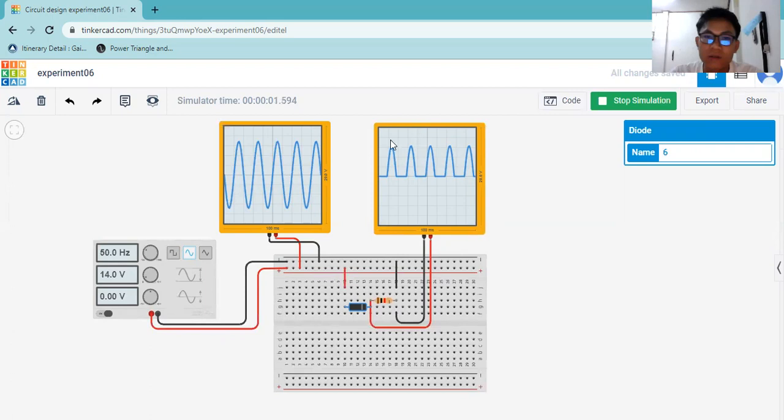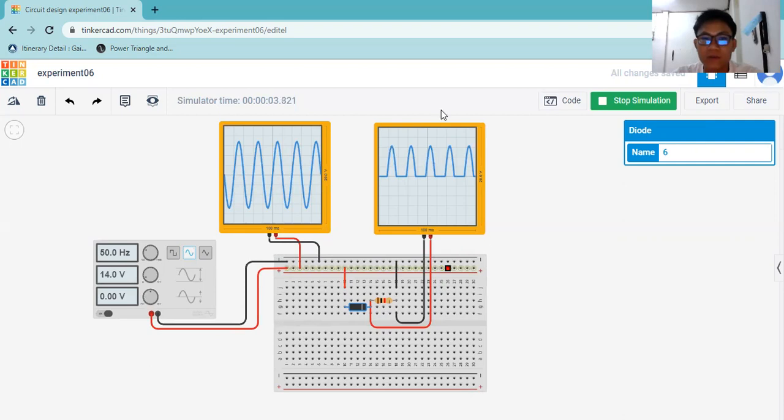And we also have the half-wave rectifier circuit. This is measured from the resistor, which starts from 0, and then it's increasing to its maximum, and then decreasing to 0, and then increasing again and again, and on like this. So this is what we call the half-wave rectifier circuit.